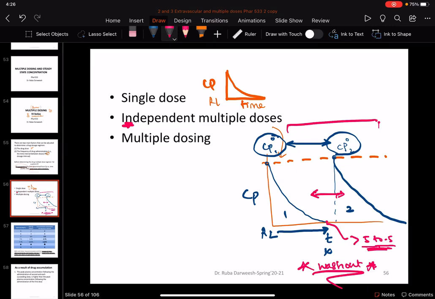Okay, for multiple doses, we are talking about dependent multiple doses, in which the time between different doses, so let's say this is the first dose and this is the second dose on the x-axis, the time between the first dose and the subsequent dose is not enough for the drug to be completely eliminated, so it will be less than infinity in theory or less than 5 half-lives in practice.